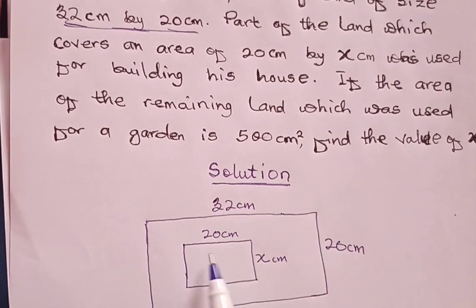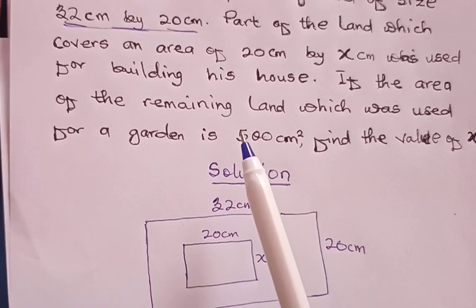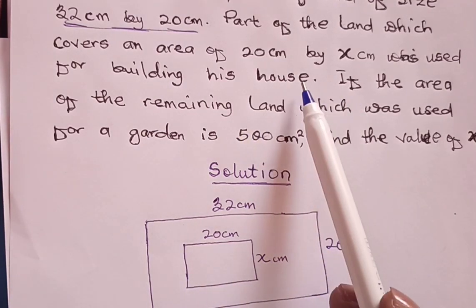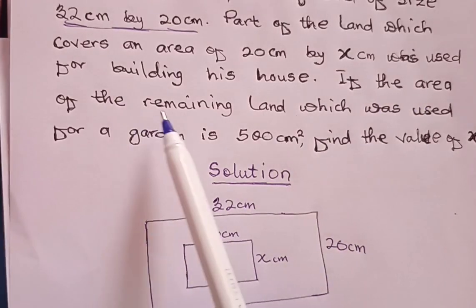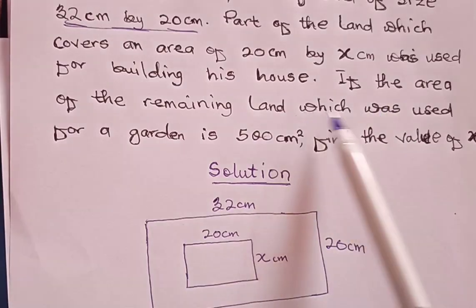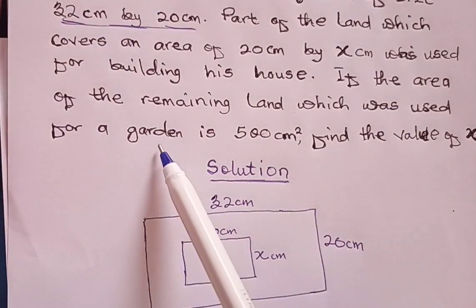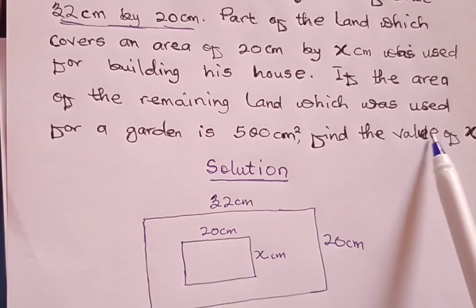This is my part of the land, and the area covered is 20 centimeters by X centimeters. If we continue with the question, it says the area of the remaining land which was used for a garden is 500 centimeters squared. Find the value of X.